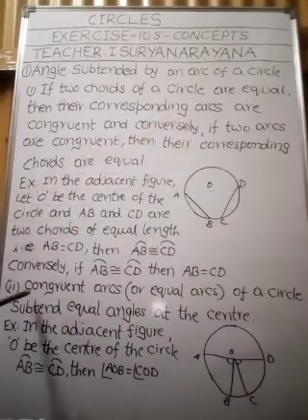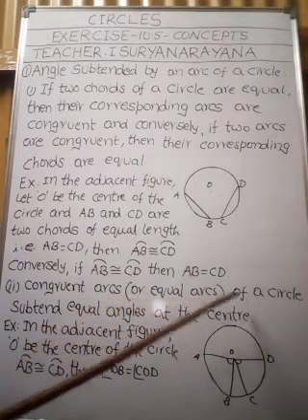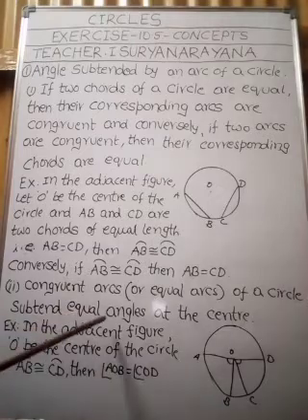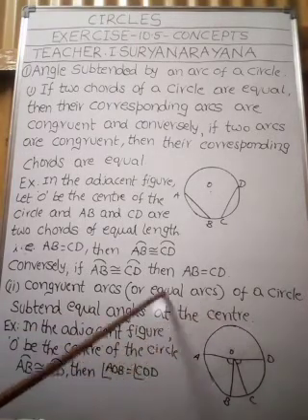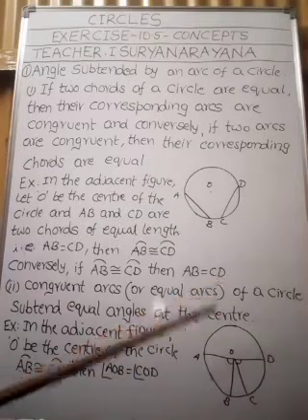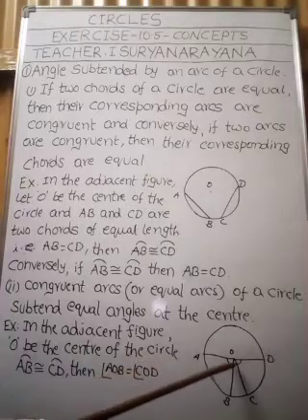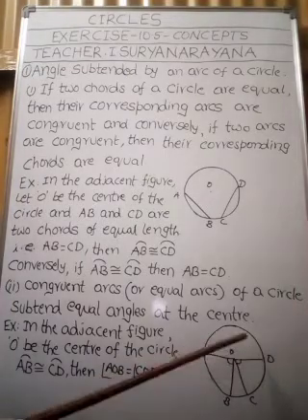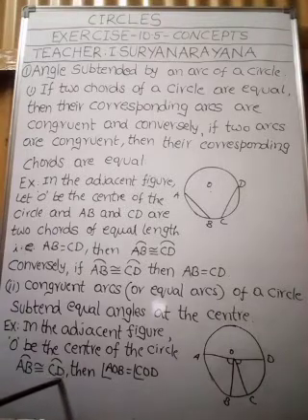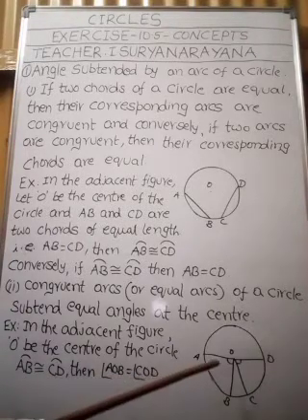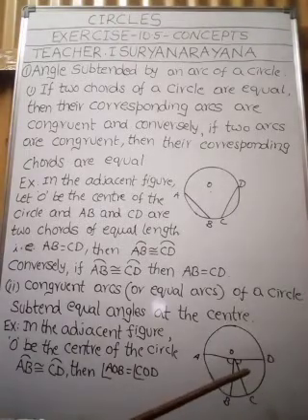Right. Now come to the second point. Congruent arcs or equal arcs of a circle subtend equal angles at the center. Here also, to understand this point well, let us take an example. In the adjacent figure, let O be the center of this circle. Okay, my children. We have taken arc AB congruent to arc CD. Arc AB and arc CD are congruent arcs.